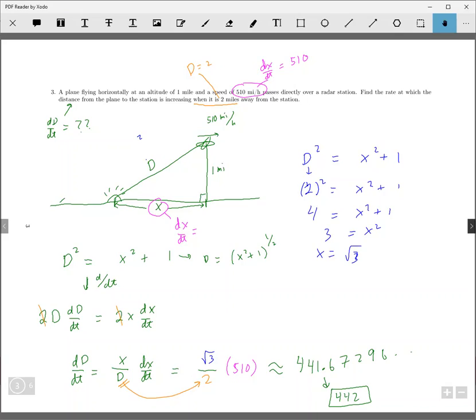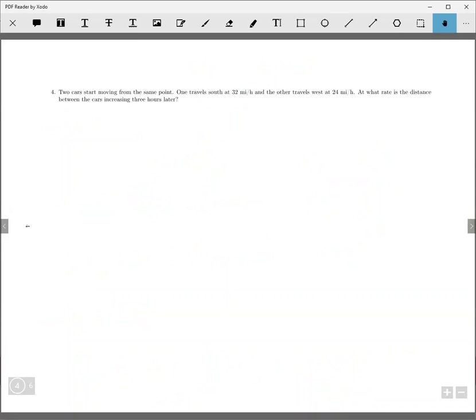Okay, let's move on to the next one, number 4. Two cars start moving from the same point. One travels south at 32 miles per hour, another travels west at 24 miles per hour. At what rate is the distance between the cars increasing 3 hours later?